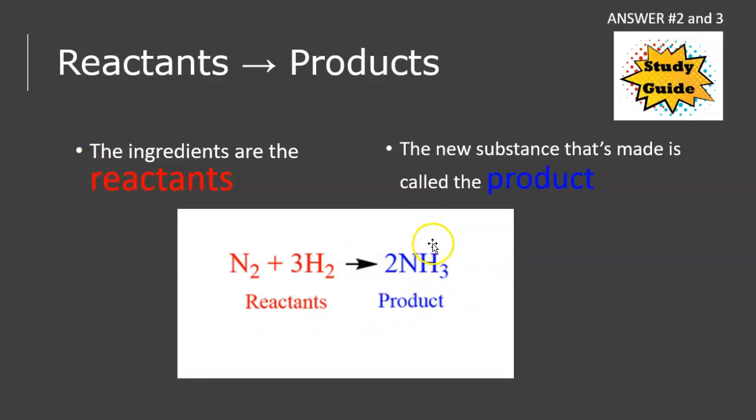The outcome, say the cookies or the cake that you get, is the product, because it's a new substance that's entirely different acting, different smelling, maybe different tasting, different looking than the originals that went in. And that is called a product. So on this left side here, we've got the ingredients called the reactants, and the outcome after we do a chemical reaction is called the product.